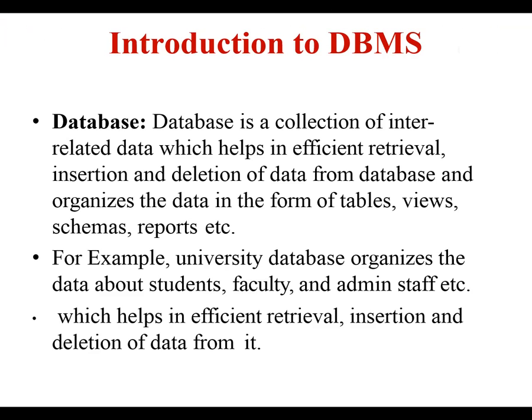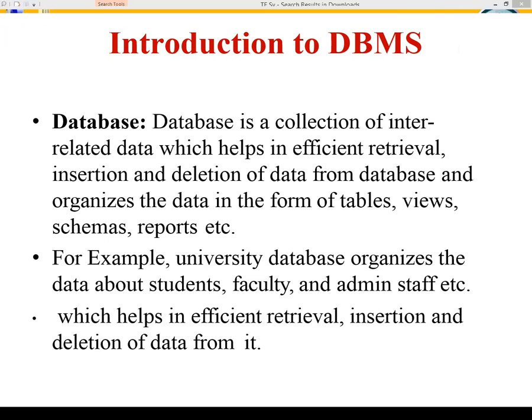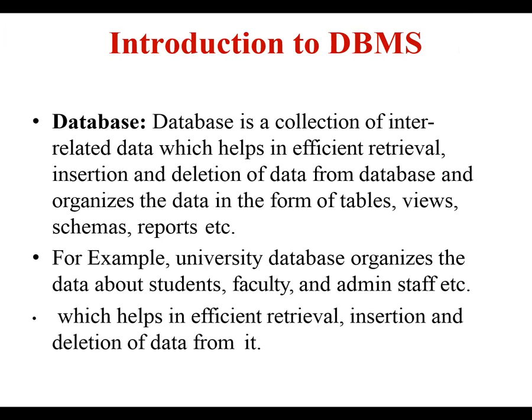We can take an example, a university database. When we call it a university database, it has data related to the students, data related to the faculty, and data related to the admin staff. That means the key stakeholders of the university database are the student, faculty, and admin staff. Now in the student table, what type of data are we storing? Student ID, student roll number, student name, student mobile number, student class, student department, and student marks.